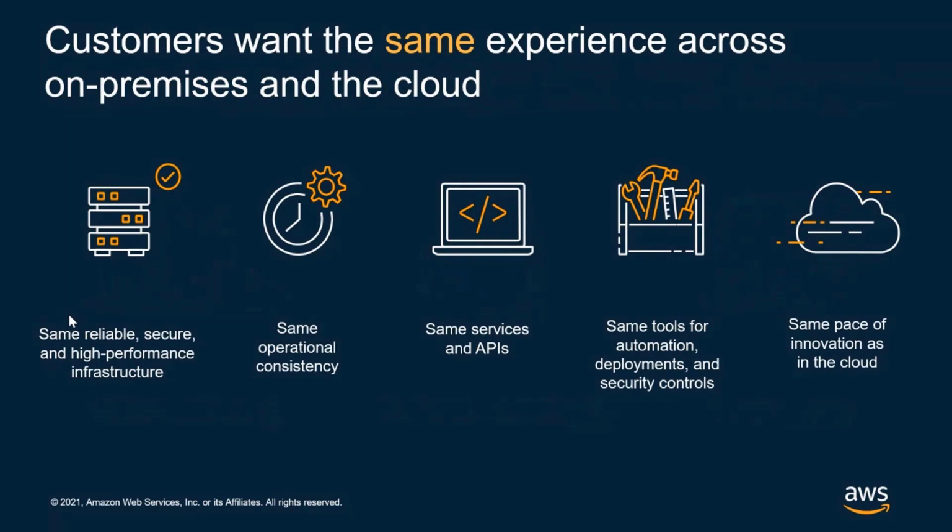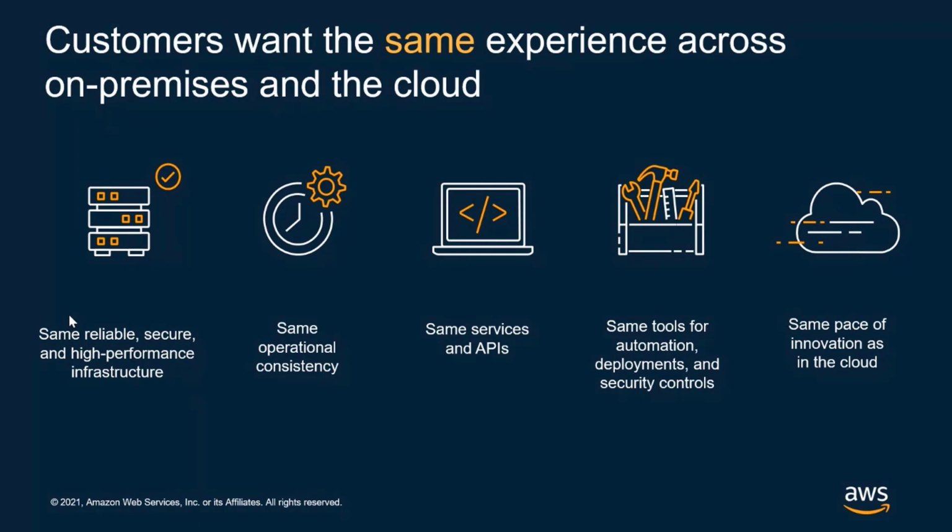So essentially, one of the things we found with Outpost, and really what informed AWS developing Outpost, is that customers want the same experience across on-premises and the cloud. So for example, if you are a global company where in some places you operate where we have AWS regions, that meets all of your needs, but then you're operating in countries or states or localities where we don't have an AWS region, you need to start to think about how to deploy in local data centers or colo facilities in those regions.